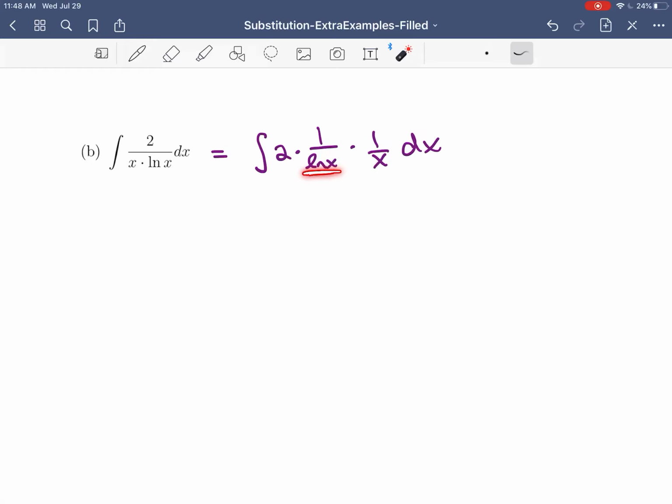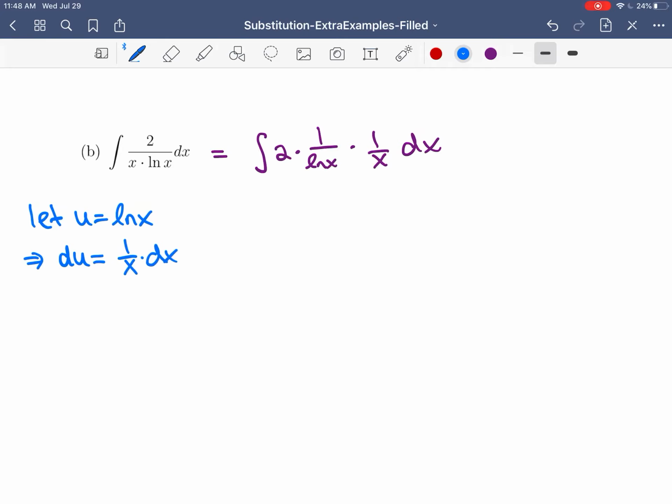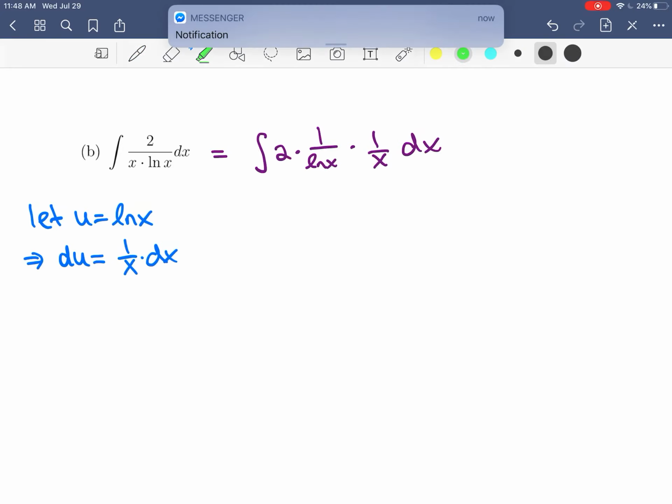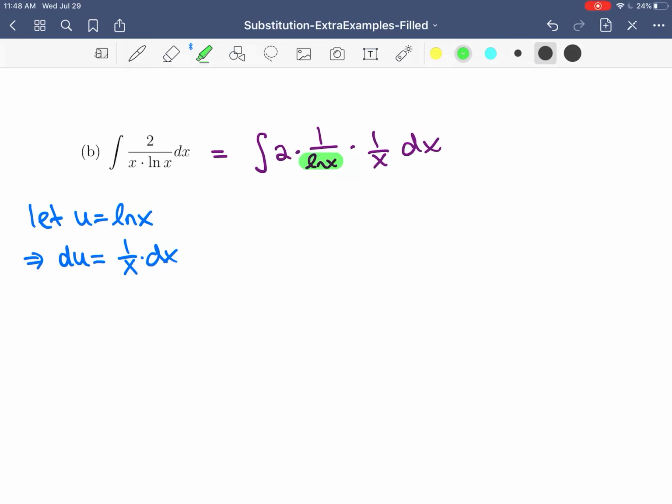So if I use u as ln x, then this is going to be part of du. That seems promising, so let u be ln x. Then du is the derivative of that, so 1 over x dx. And so I actually have these pieces: ln x is my u, and 1 over x dx is just du.